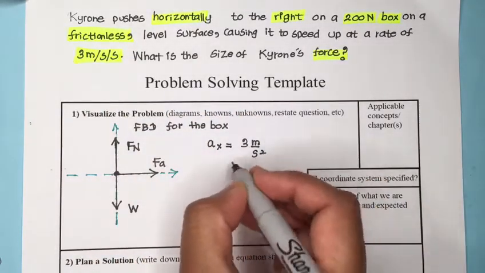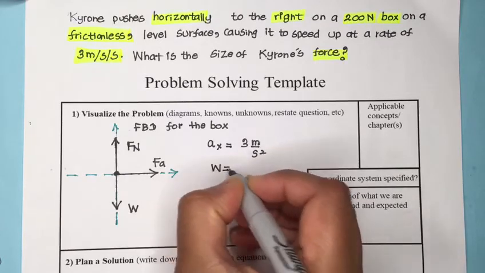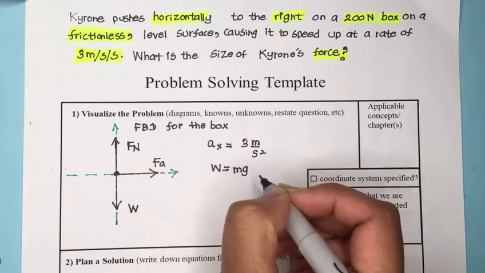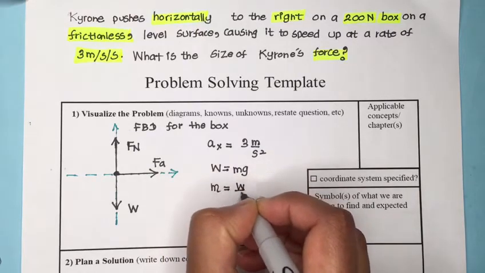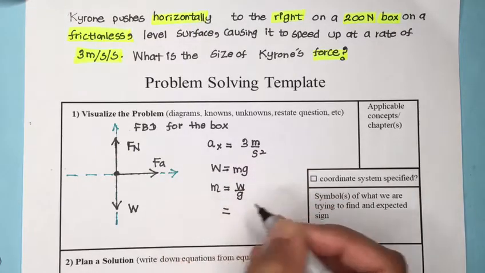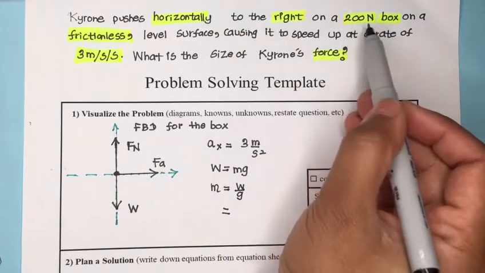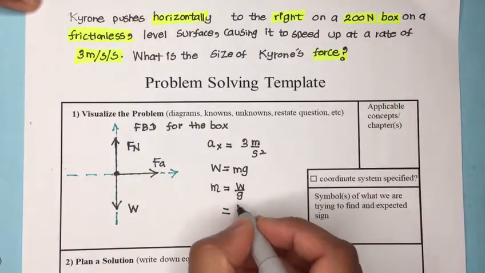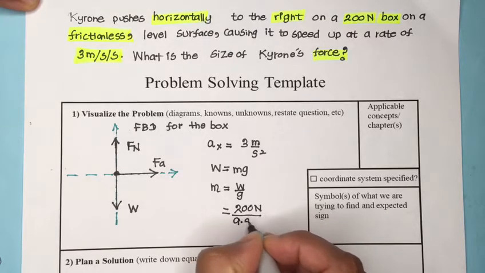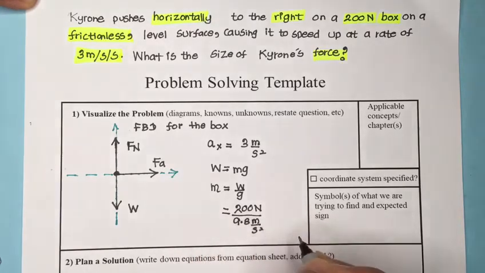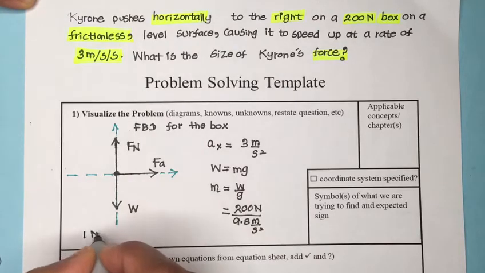Weight is equal to mg, and in the question, we have the weight, which is equal to 200 newtons. And if you want to calculate the mass, you have to divide that by 9.8 meters per second squared. And let's see whether this equation is dimensionally correct.